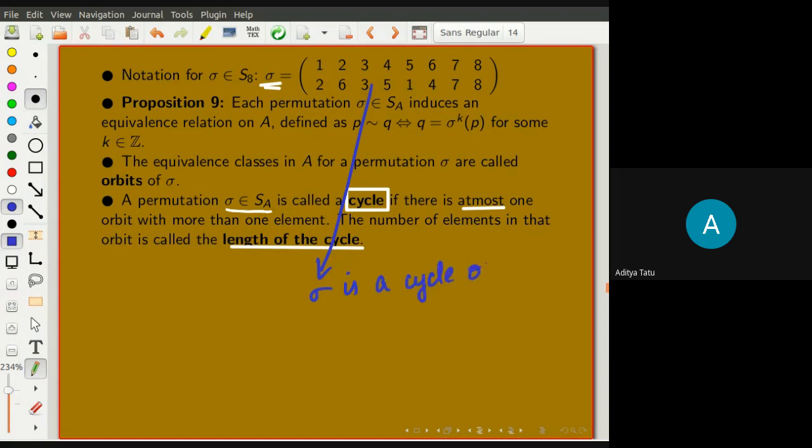So cycles are a particular kind of permutation, right? If that permutation has at most one orbit with more than one element, in that case that permutation is called a cycle, and the number of elements in that orbit is what is called the length of the cycle.